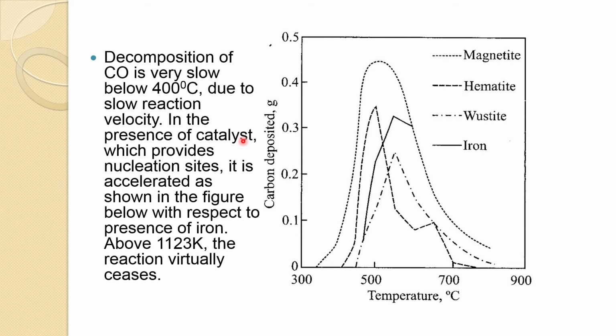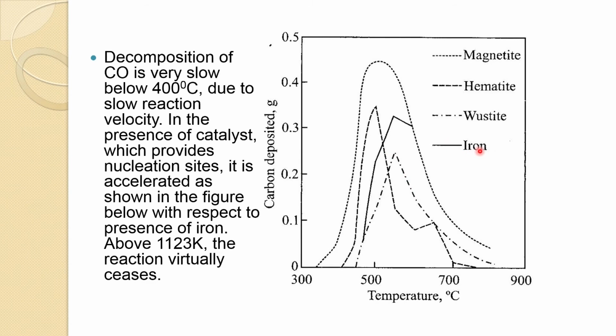So you can see that in the presence of magnetite, carbon deposit is maximum. When hematite in the stack region at the top is reducing to magnetite, the temperature is also favorable in the stack region, and carbon deposition occurs. Magnetite actually accelerates that, and the maximum is at 500.